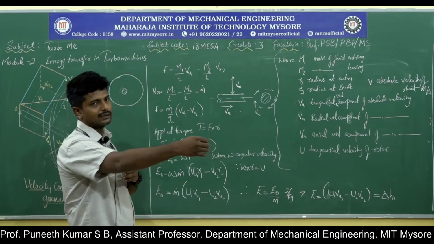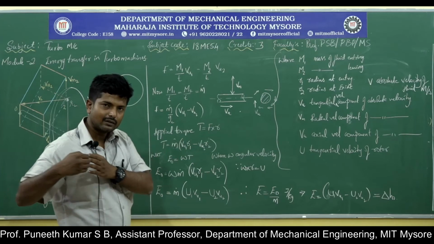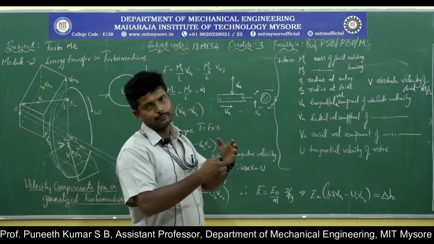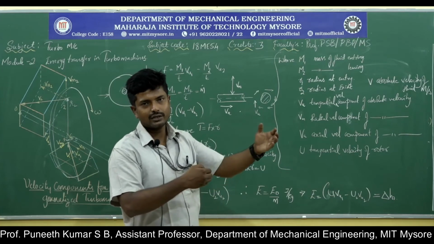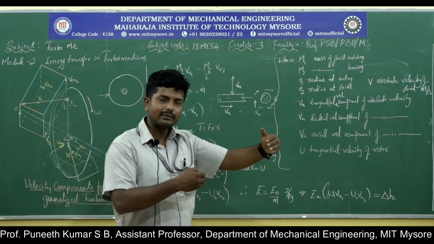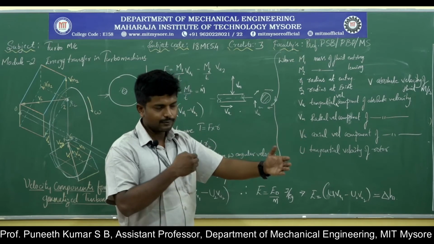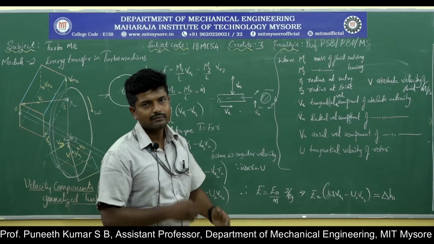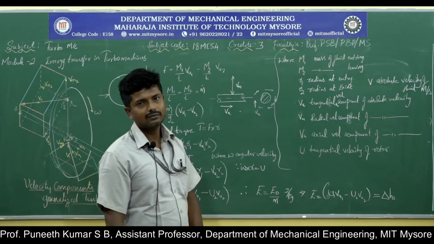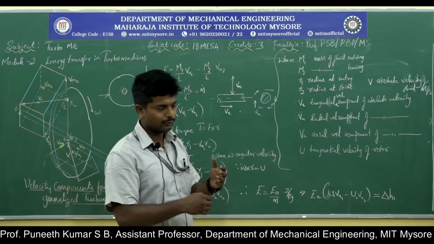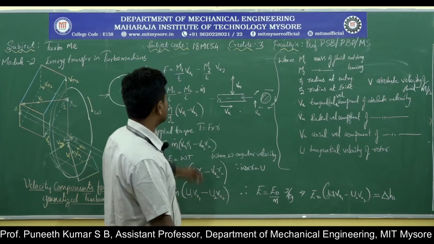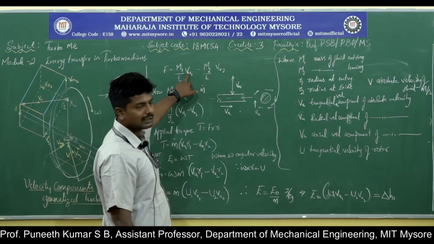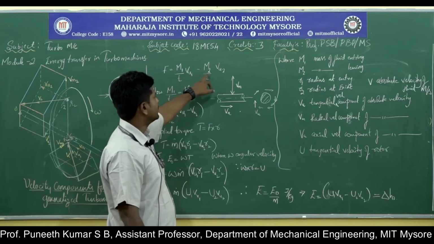inlet and exit. The fluid is flowing at a certain momentum at the inlet, and if the fluid has changed the momentum by the time it is leaving the machine, this difference in momentum is the amount of force applied between the fluid and the machine. How do we say it as momentum? Mass into velocity is momentum.